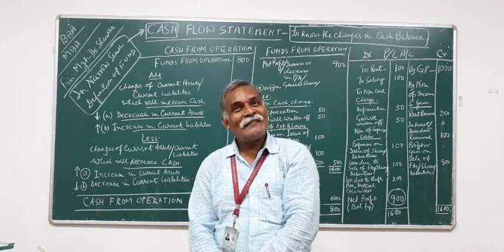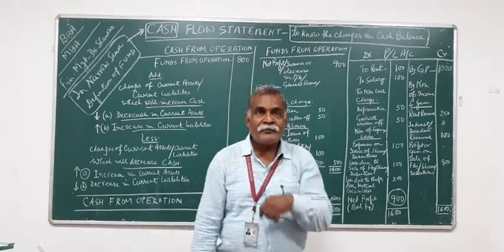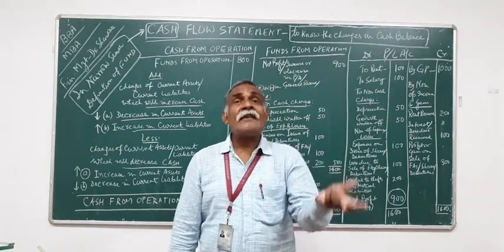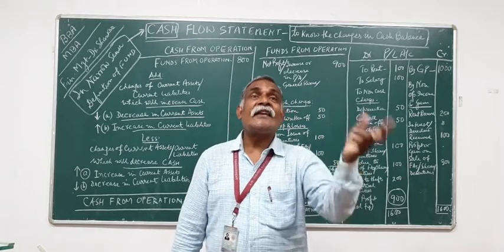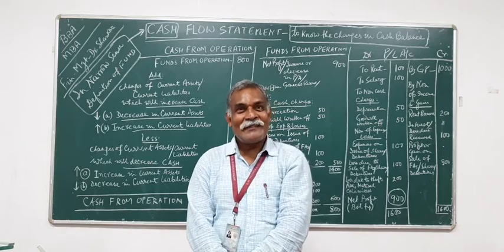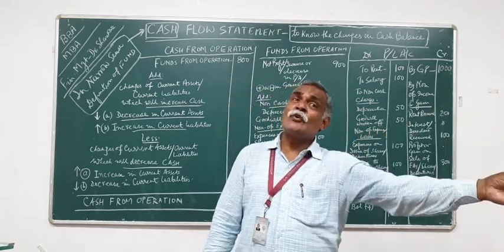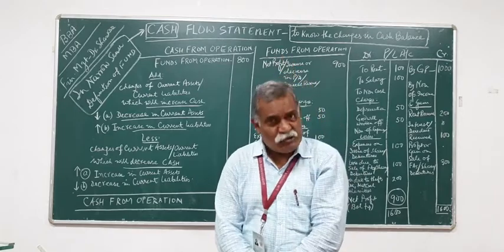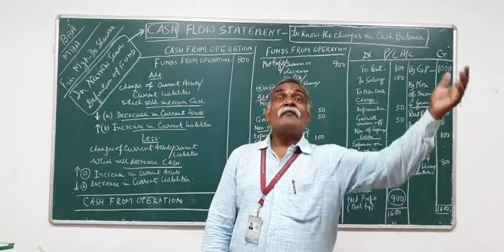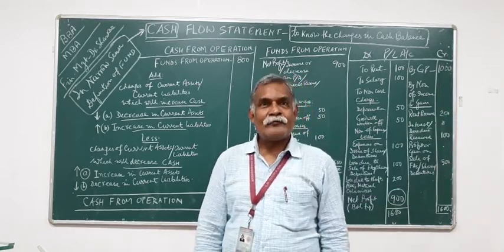But here we will see the increase or decrease of current assets and current liabilities on cash. We will consider all the elements of the schedule in the cash flow statement also, but not in the same way which we have seen in the fund flow statement.